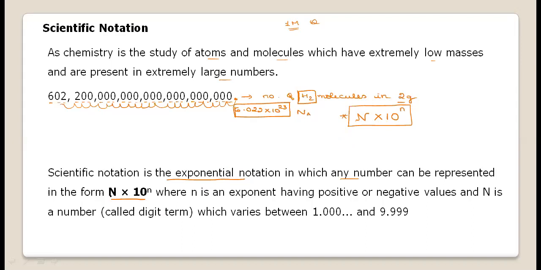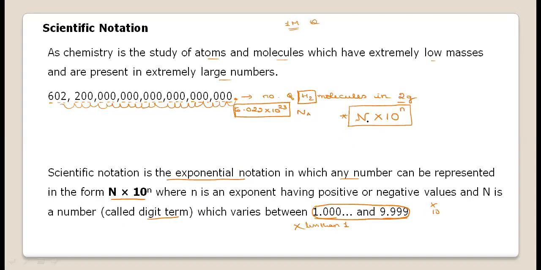Capital N is called a digit term, and its value should range between 1 to 9.99. It should not be less than 1 or greater than 9.99, that is, it should not be 10 or more. The value should lie only in the range of 1 to 9.99.